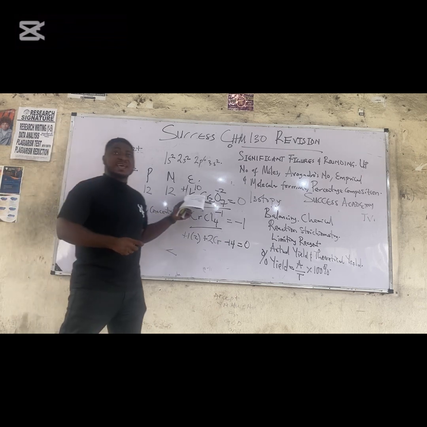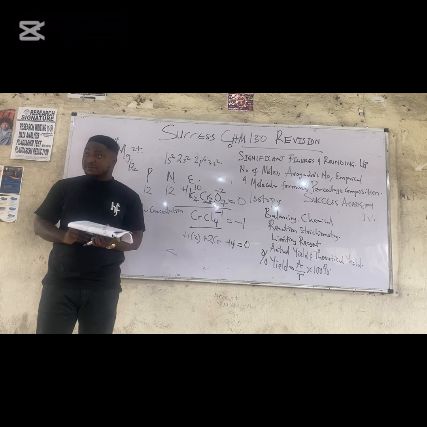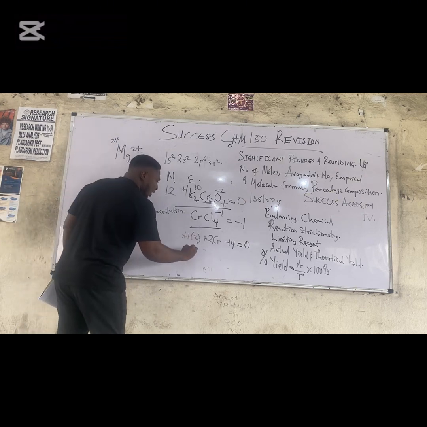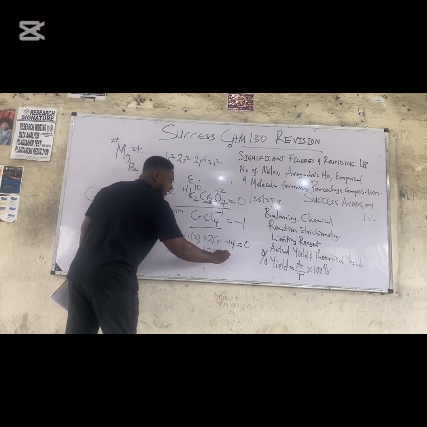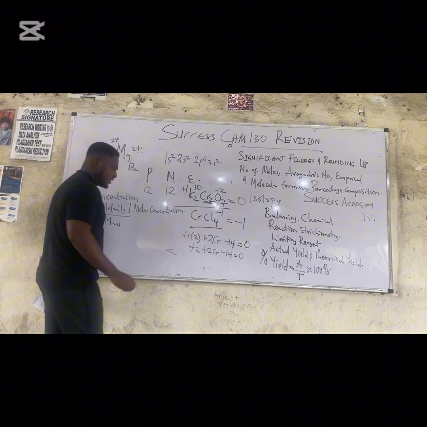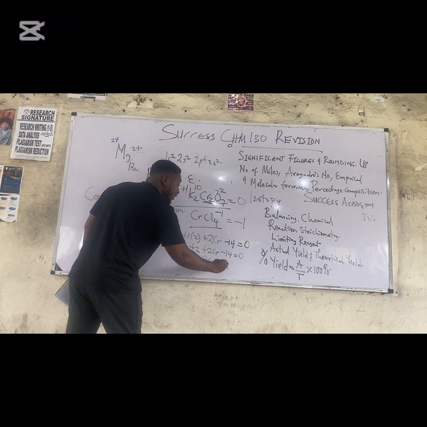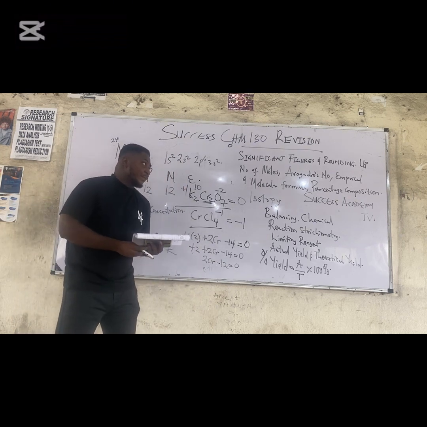Why did we equate everything to 0? Because this whole compound has no charge. Plus 1 times 2 is plus 2, plus 2Cr, minus 14 equals 0. Plus 2 minus 14 is minus 12, so 2Cr minus 12 equals 0.